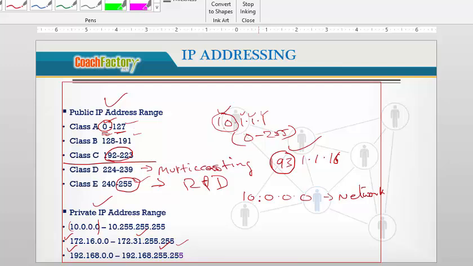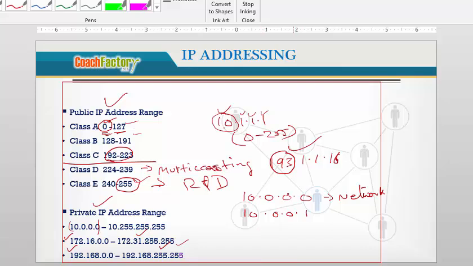An IP address cannot have 3 zeros. It has to have some decimal numbers over here. For example, 10.0.0.1. This is an IP address. So at most an IP address can have 2 zeros, but it cannot have 3 zeros. A network can have 3 zeros, 2 zeros or 1 zero.